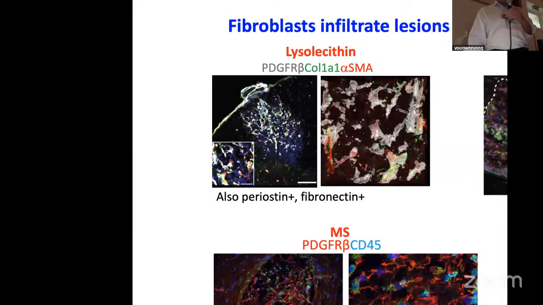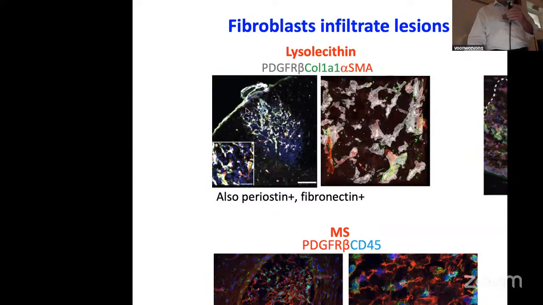injury, looking at fibroblasts by virtue of expressing PDGF-R beta, but also collagen 1A1, the activated form of fibroblast alpha smooth muscle actin, and also these two other ECM molecules, and a number of other markers, and the absence of others that now lead us to think that these are fibroblasts.